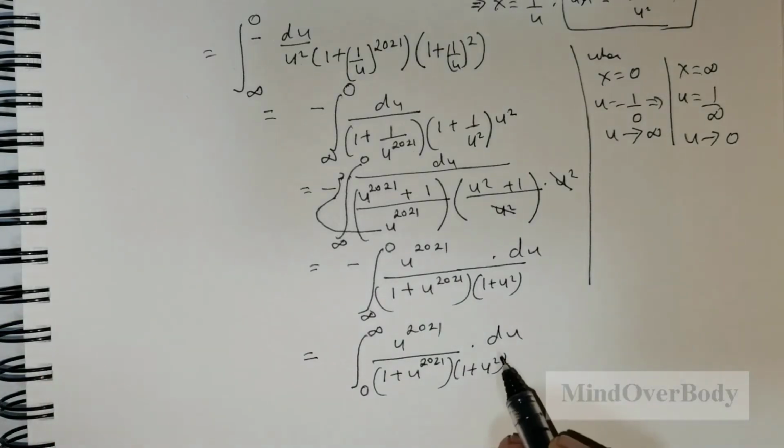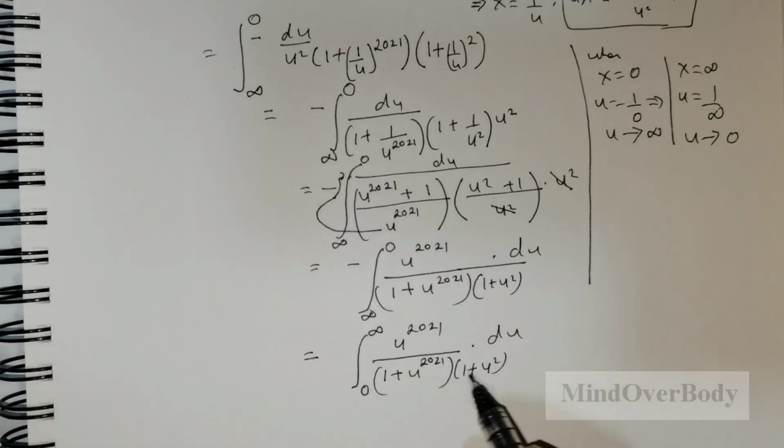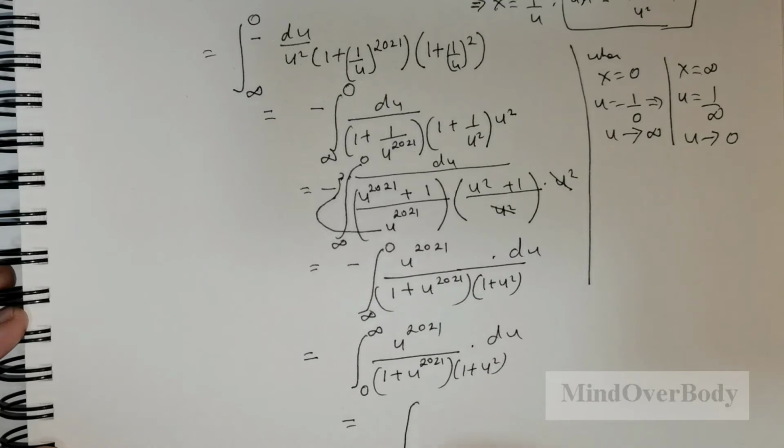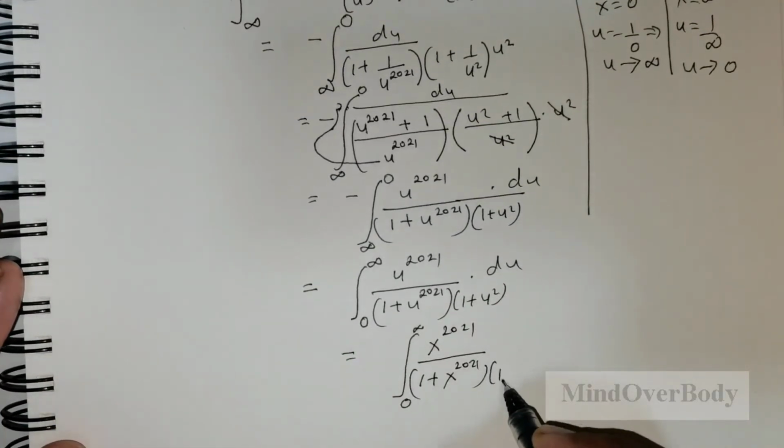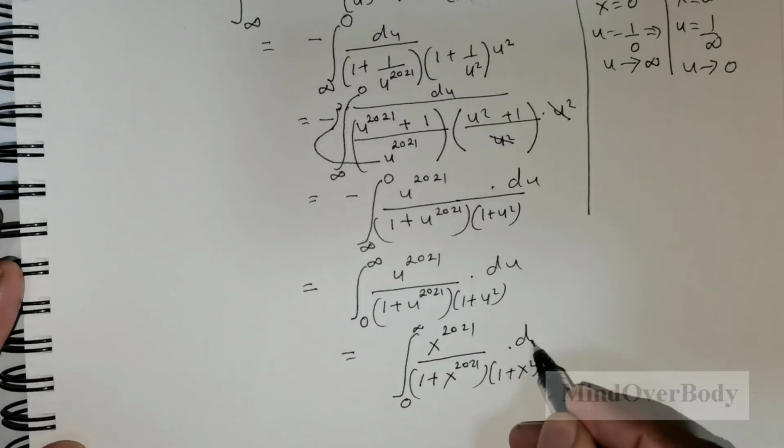Now since the variable is u, if I change it to x, then the integration becomes the integral from 0 to infinity of x^2021 divided by (1 + x^2021) times (1 + x^2) dx.